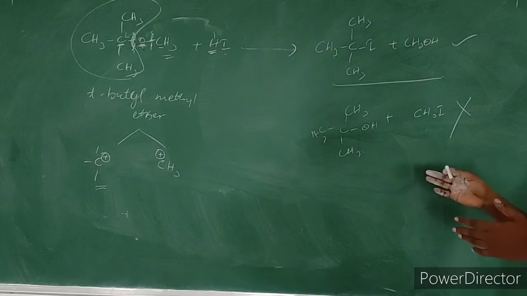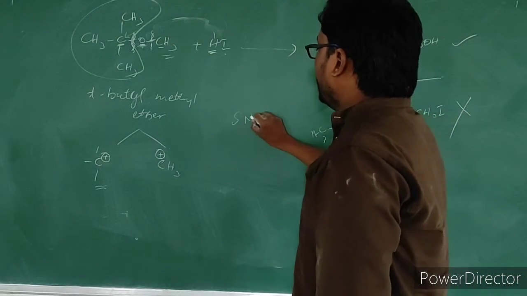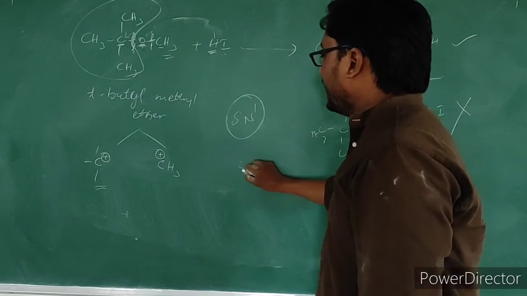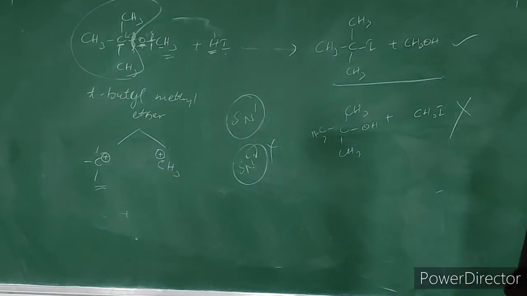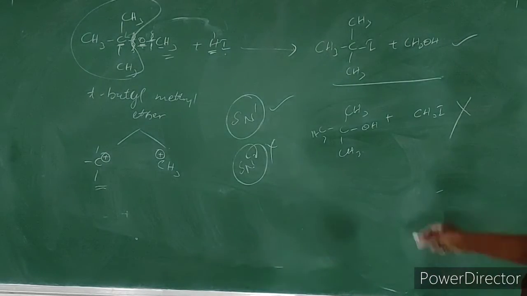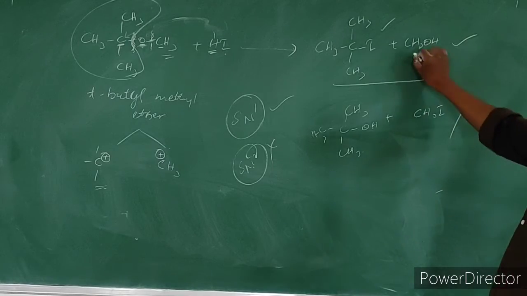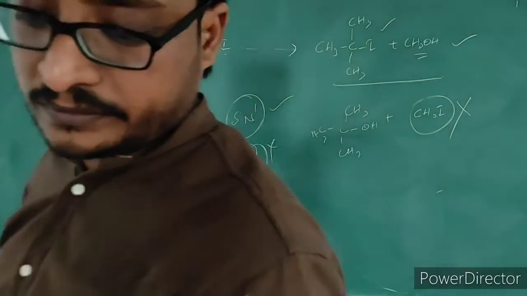So it is based on the stability of the carbocation. Here it is following the SN1 mechanism rather than the SN2 mechanism. That is why tertiary butyl iodide is the major product rather than methyl iodide. Hope you understood.